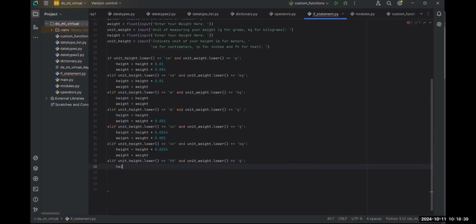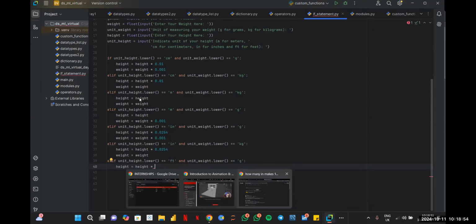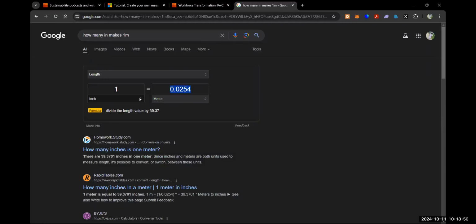Now we said our height will be equal to height multiplied by, let's go back, so we are converting from what? From inches. No, sorry, we are converting from feet. So it is foot now to meter, which is 0.3048. I hope you understand what we are doing.